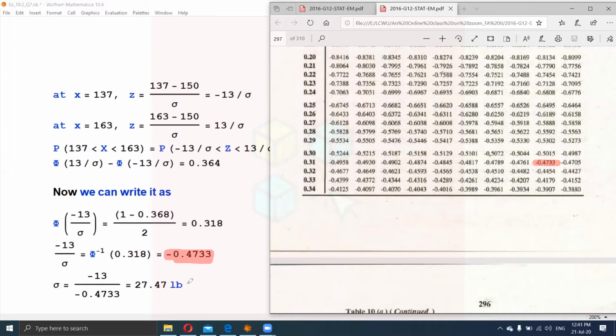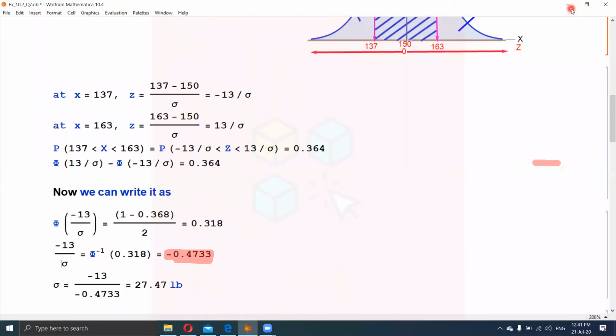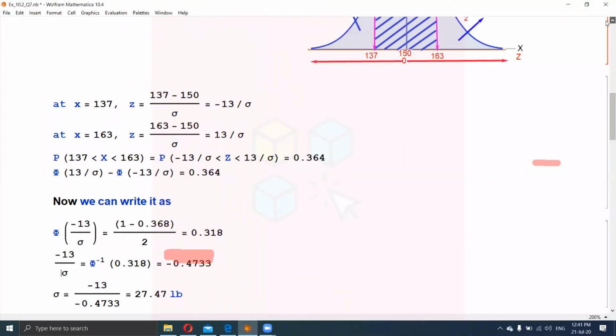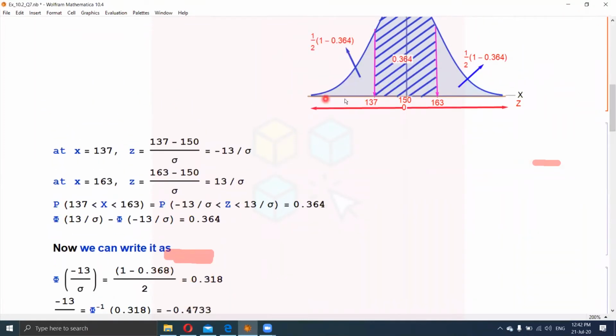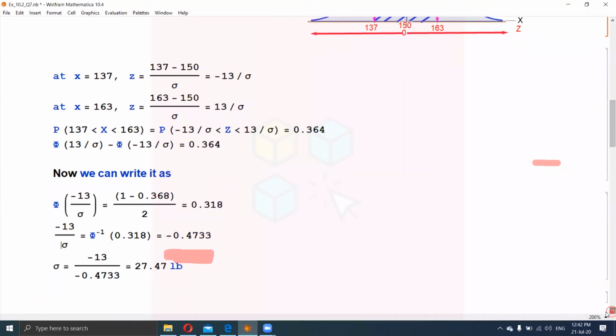As the mean is given in pounds and x values are given also in pounds, so definitely the standard deviation must have the same unit of measurement as the unit of measurement of x variate. So x is measured in pounds, so standard deviation is also in pounds.